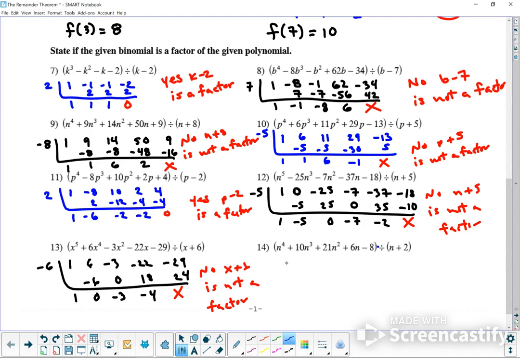Okay, last one. That's 1, 10, 21, 6, negative 8. We'll do that synthetic division with negative 2. Bring the 1 down, multiply it out, negative 2. Add it, you're going to get 8. You need to multiply it, you're going to get negative 16.